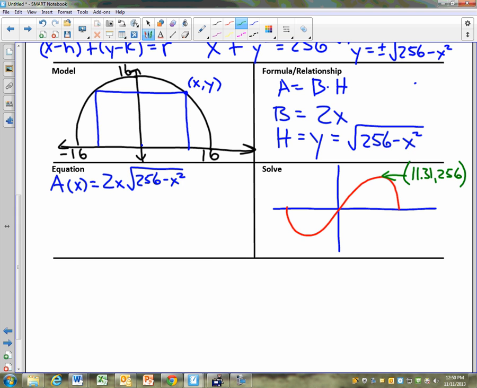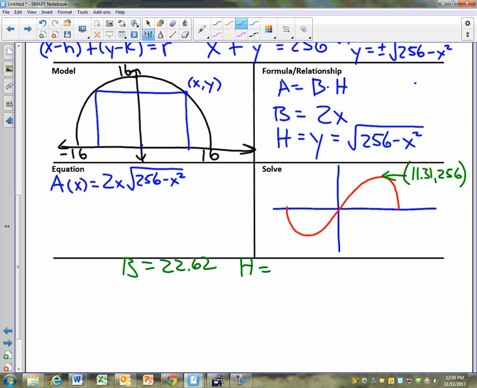Somebody please tell me, what does the 256 represent? Area. The maximum area is 256. That's the maximum area. 11.31 is the x value that will make that happen. If 11.31 is the x value, what is the base equal to? 22.62. Good.